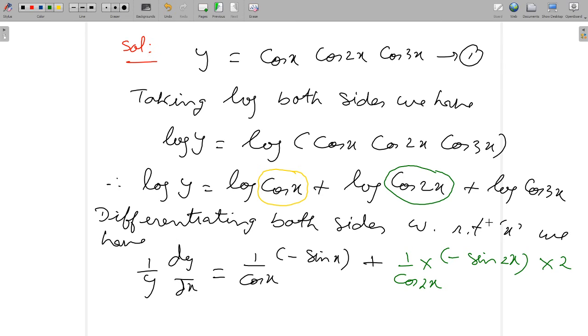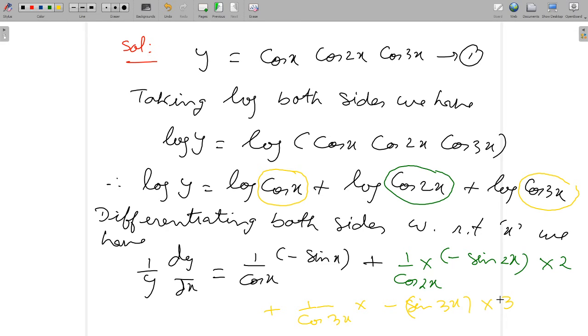Then the third part of this one, again let us take this cos 3x as x, so applying the same rule, plus differentiation of log x is 1 by x, so 1 by cos 3x, multiplied by differentiation of cos 3x, which is minus sin 3x, and multiplied by, we will differentiate 3x, so we will get into 3.